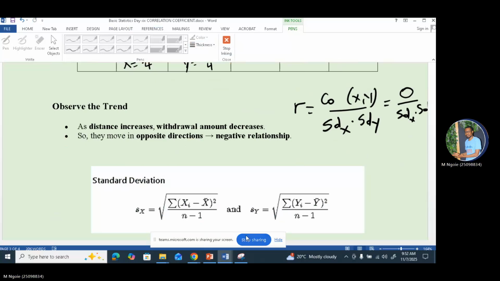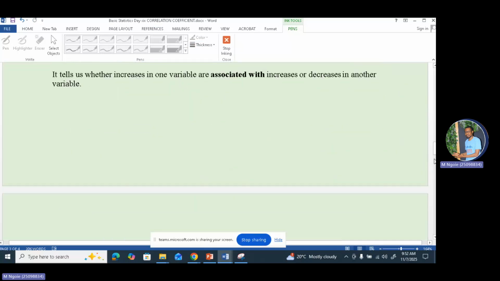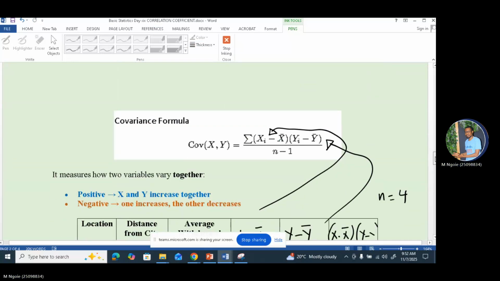Right? So there is no way we can carry on. So this is how you need to compute the covariance, right? Very easy formula. You just go here. Just look at the formula, right?